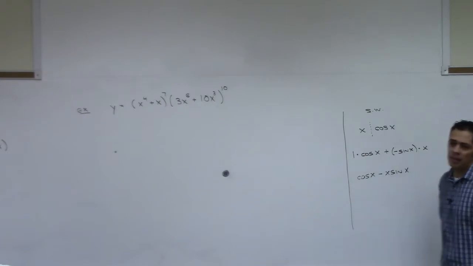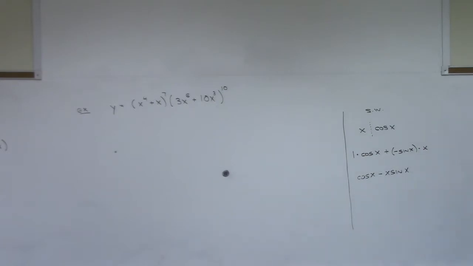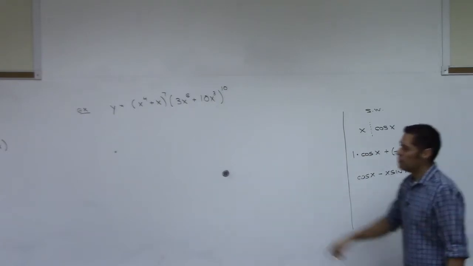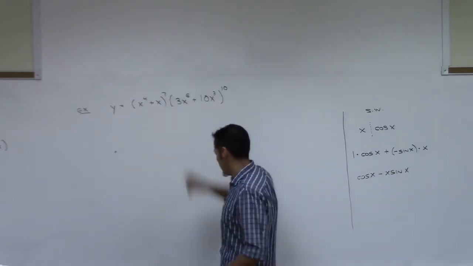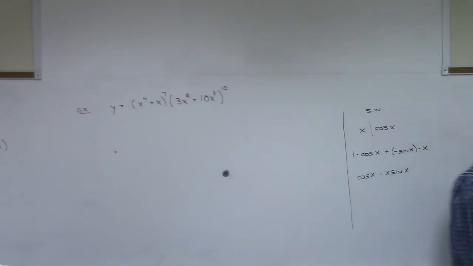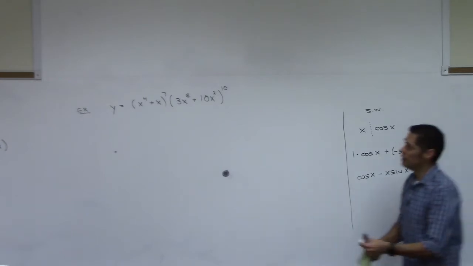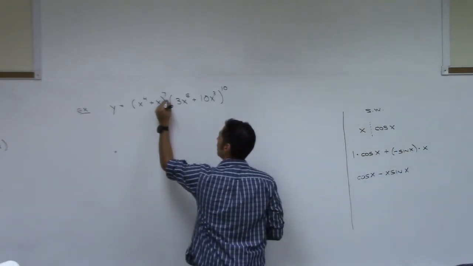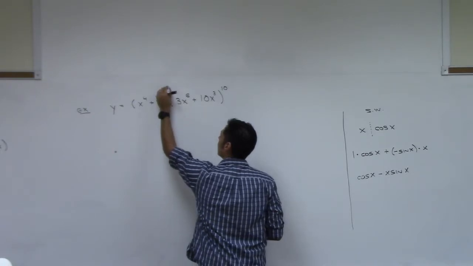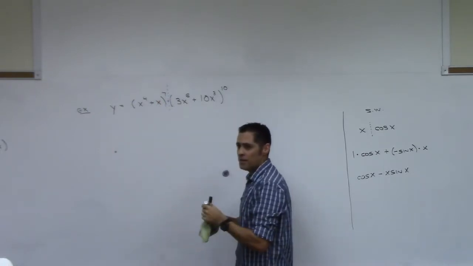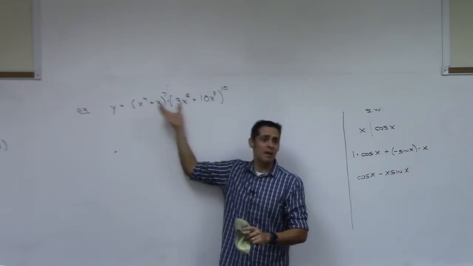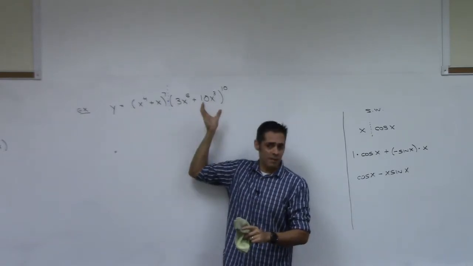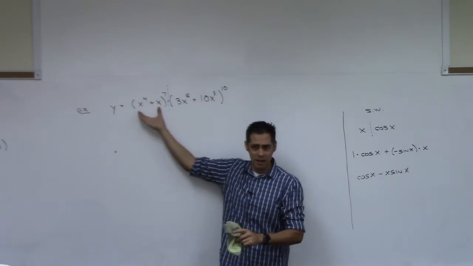What do you see happening here? You see a product rule? Everybody see a product right here? Okay, so let's start trying to think critically. If I have a product right here, the product rule says that I have to take the derivative of this times this plus the derivative of this times this, right?